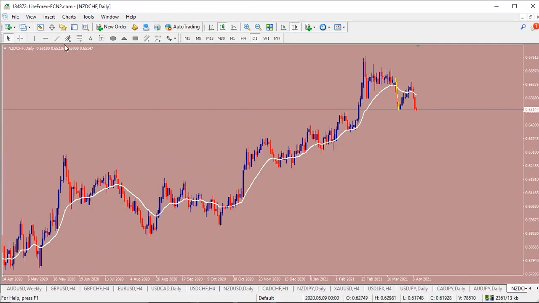And within 8 days, it could not take out the high of the last 3 days. Are you seeing it? And if you look at it, it is already on my moving average level. Can you see?